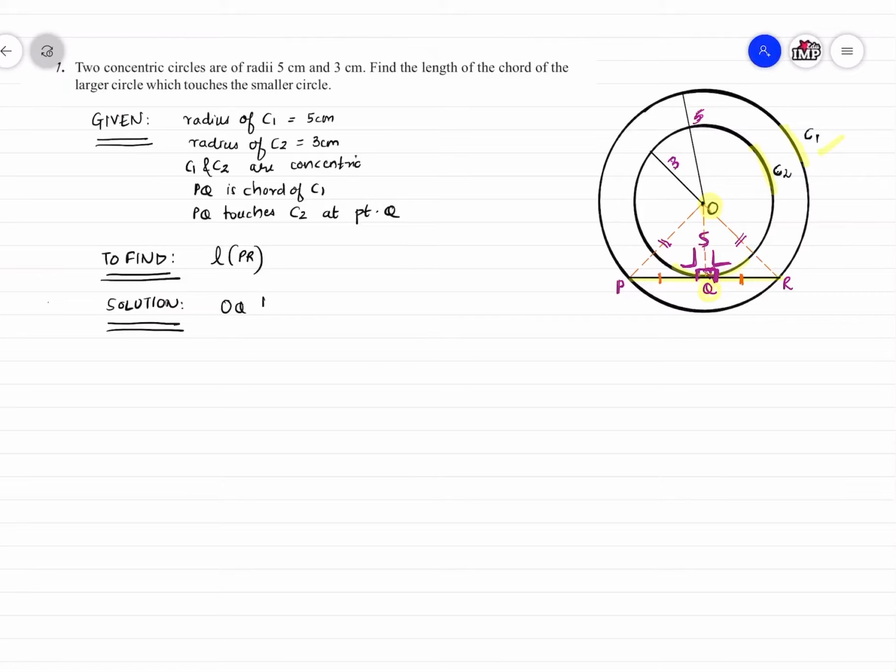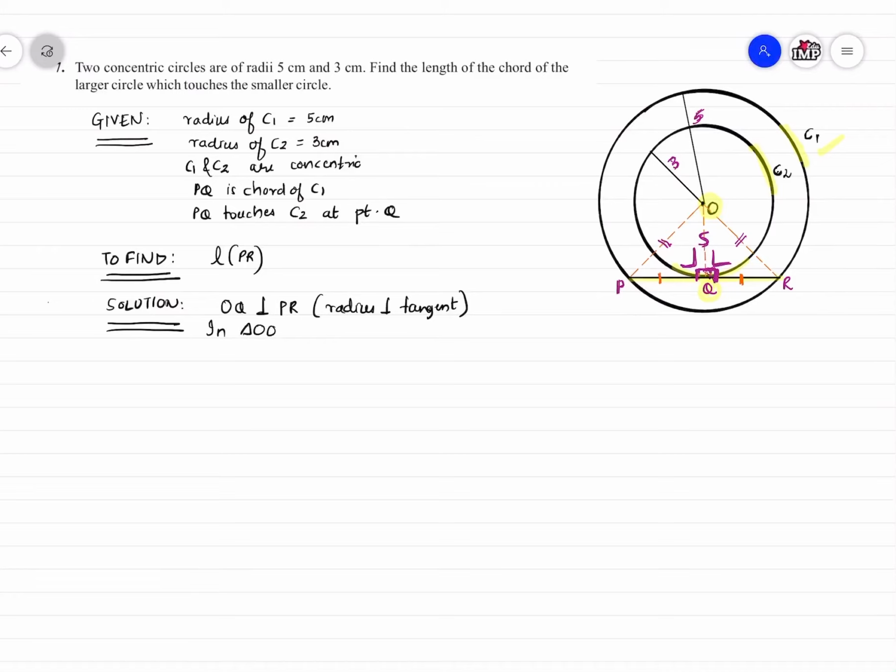So OQ is perpendicular to PR, radius perpendicular to tangent, or you can also write down theorem 10.1, right? We will have to first prove that the triangles are congruent to each other.